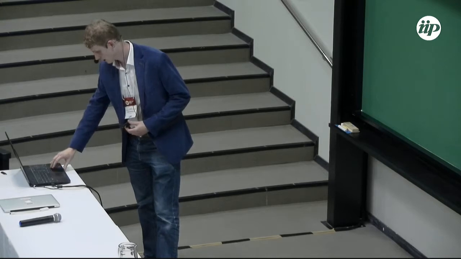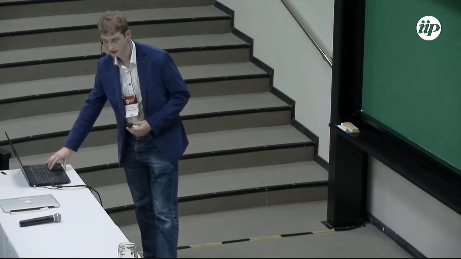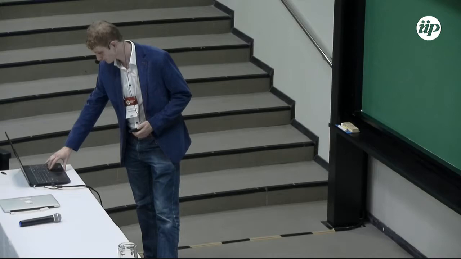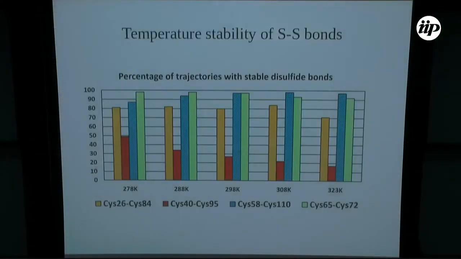So this is the perfect example to study the influence of disulfide bonds. When we studied the influence on thermal stability of disulfide bonds, we found that there is a strong dependence on the position of the disulfide bond.